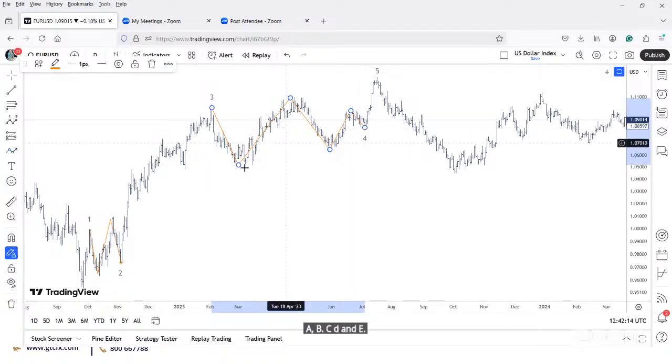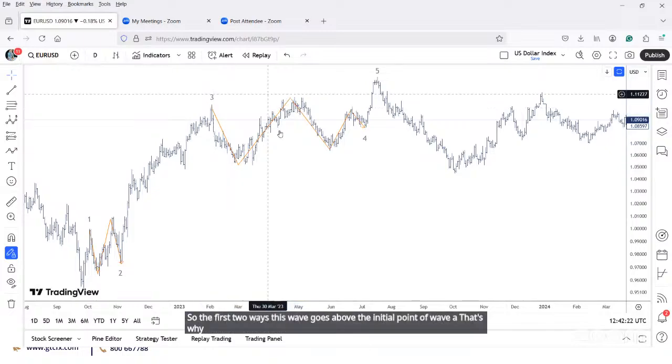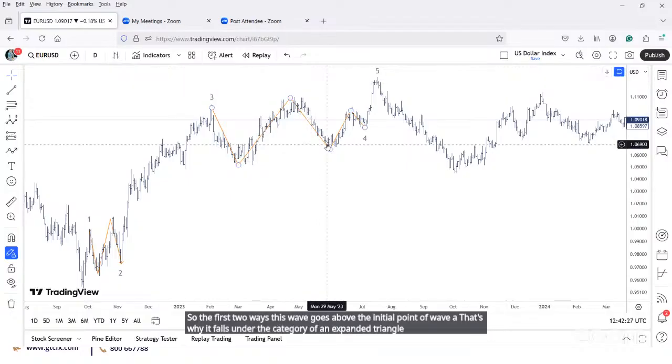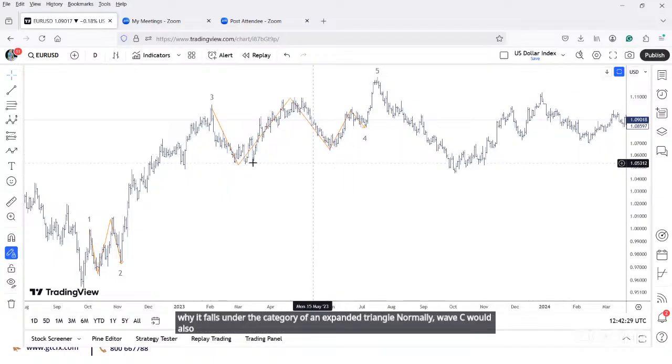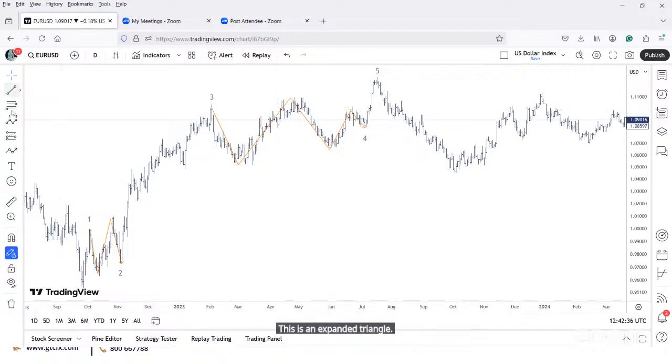So the first two waves, this wave goes above the initial point of wave A. That's why it falls under the category of an expanded triangle. Normally, wave C would also expand below wave A, but in this case, it does not happen. That's okay. It's not a rule though. So this is an expanded triangle, and in a triangle, I can label here so that you can understand.